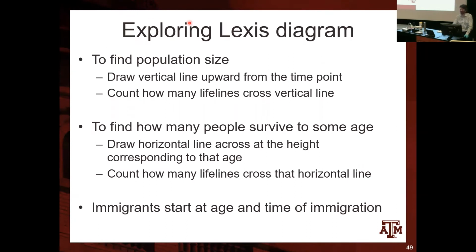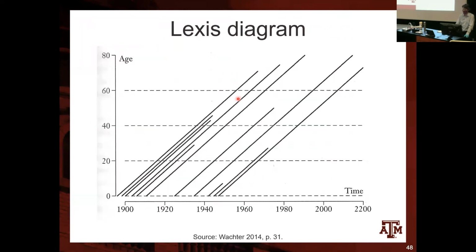So we can explore the Lexis diagram a little more. If you want to find the population size, we pretty much draw a vertical line upward from the time point and count how many lifelines cross that vertical line. So let's see in this example here. Let's say that each one of these lines is one individual.